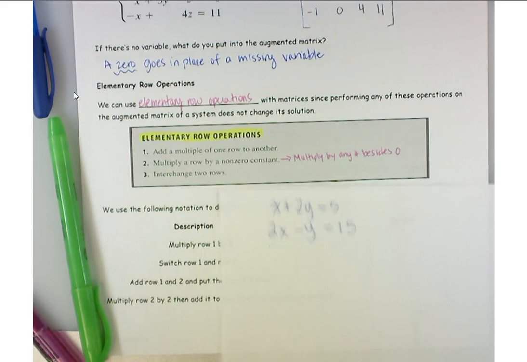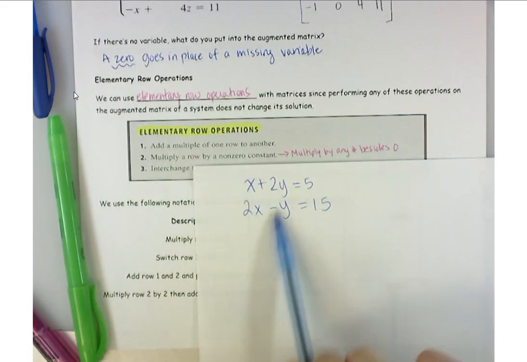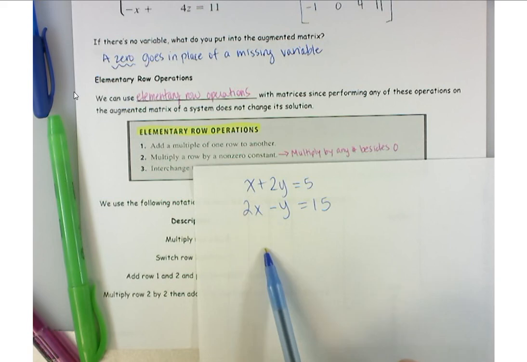If I wanted to cancel out the x's, what would I multiply by? -2. And then after I do that, what would I do with my two equations? Add them together. That's exactly what this is.